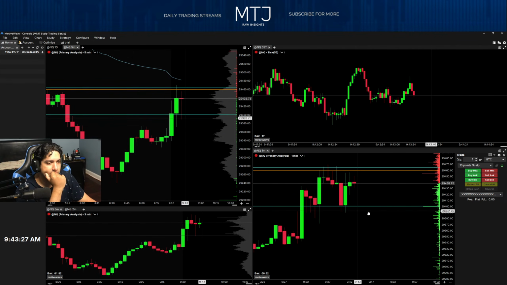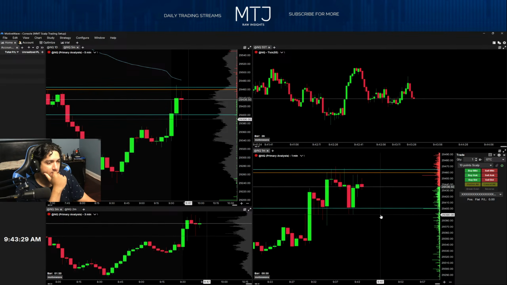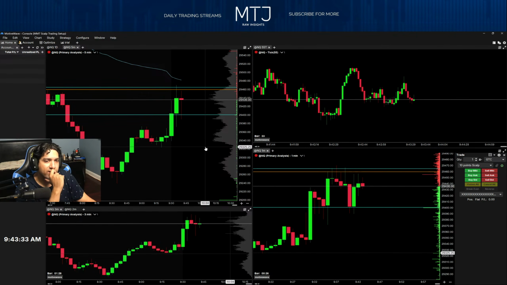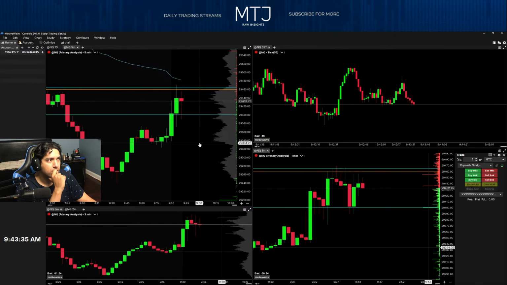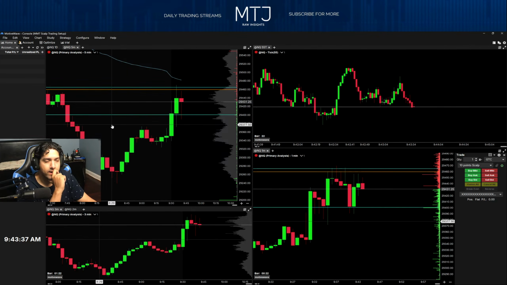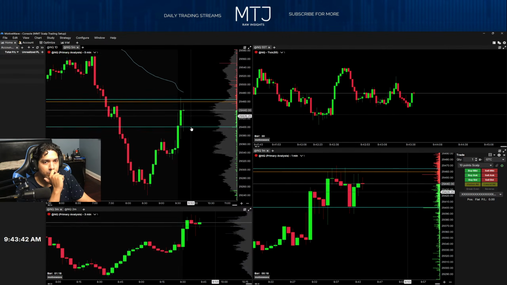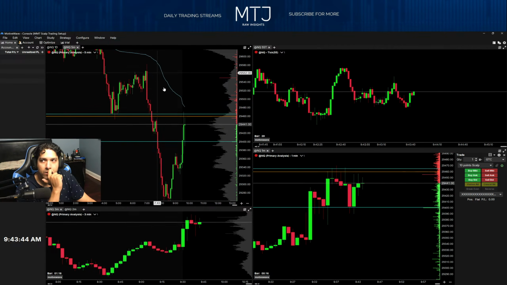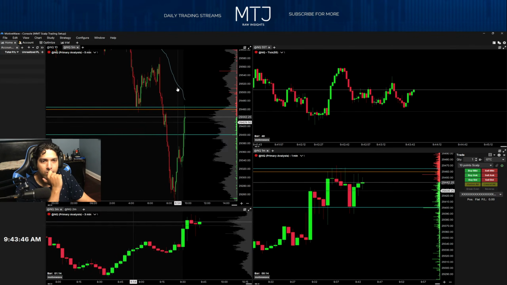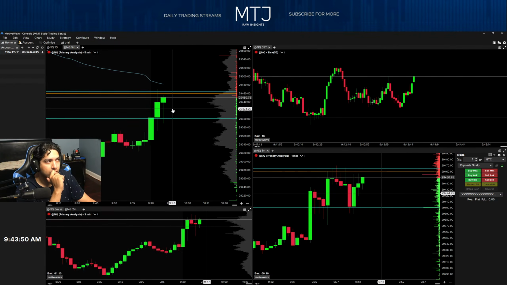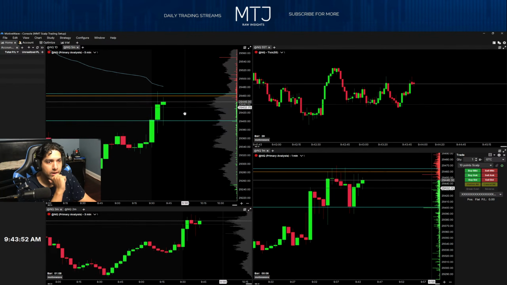Also, is it possible that we continue the move downwards? It's always possible to continue the move downwards because it is a downtrend, but the short-term trend is upwards, right? So the most recent trend is upwards, and we can also see that we have overnight inventories, and the overnight inventory play is happening almost picture perfectly, right?